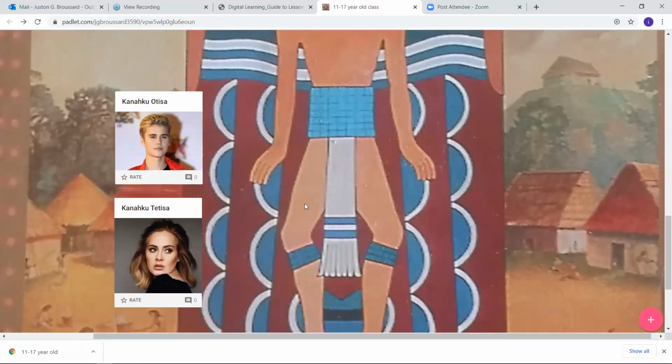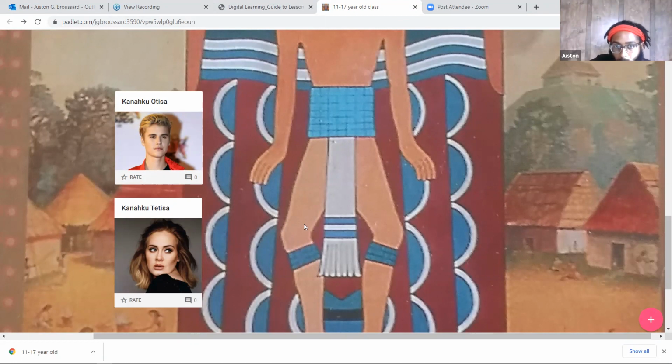Gender. Gender, right. So, Xylan, what are some of the differences that you see between asking the two people what their names are? The difference between Otisa and Tatisa. Because Otisa is for a boy and Tatisa is for a girl.